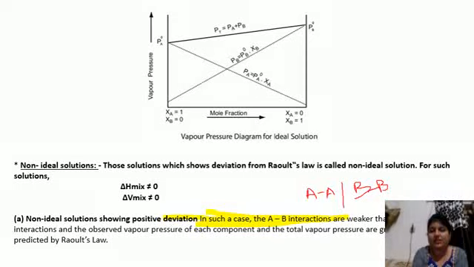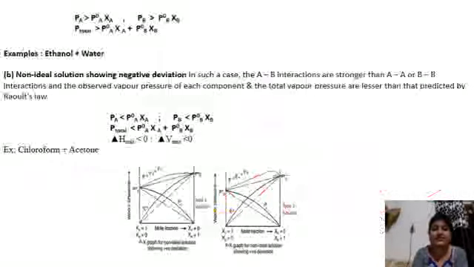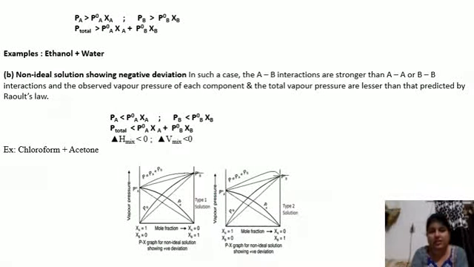They will be stronger than the interaction between A and B. Okay. See, when will this happen? When the partial pressure is greater than the mole fraction and the total pressure is more than the sum of these pressures. Okay? I hope it is clear to you.